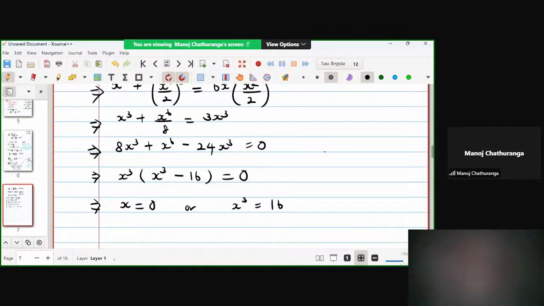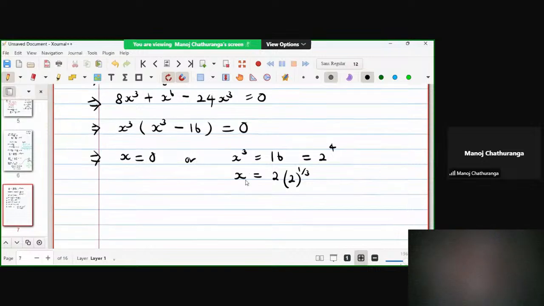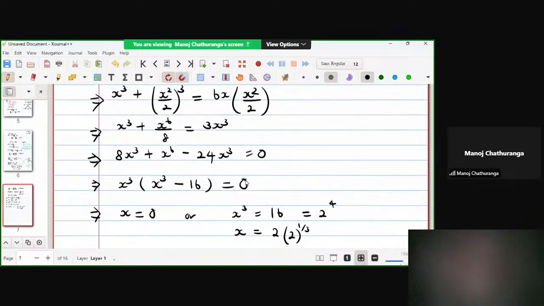If you take the cubic root of that, we have x equals, since 16 is 2 to the power of 4, 2 times the cubic root of 2.